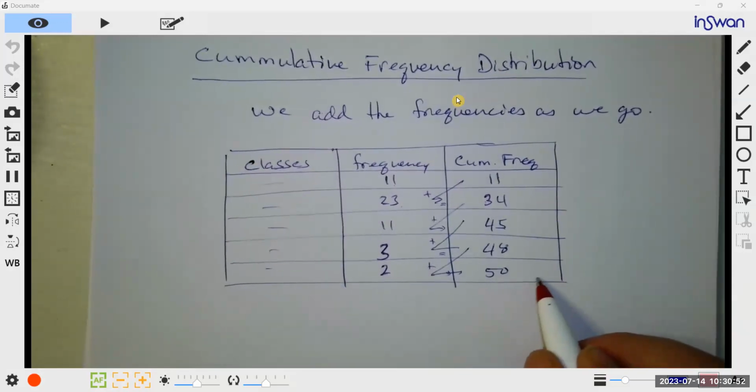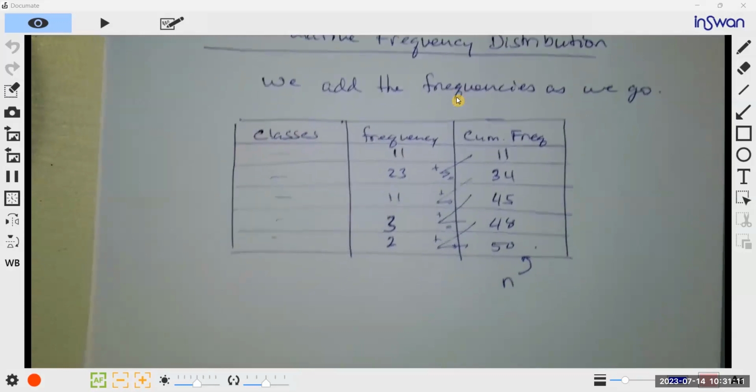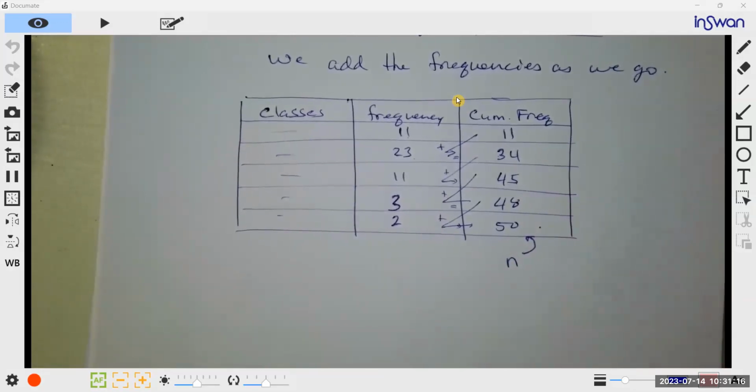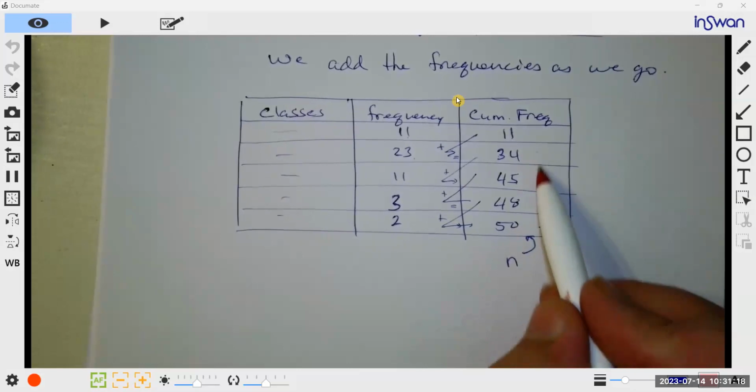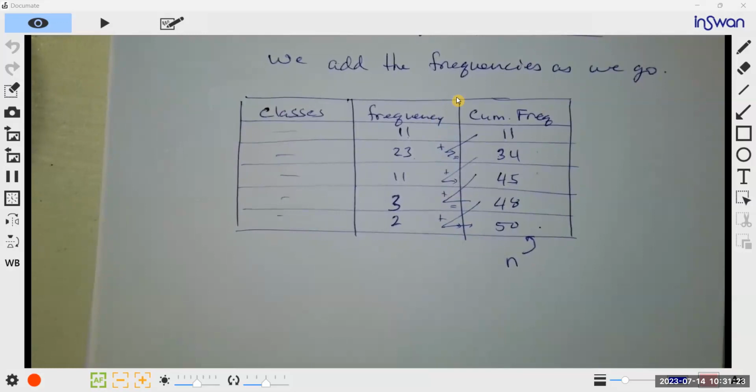Your end result should be n. All right, so again, it's just a different way of analyzing. When we do the graphs of these things, we'll see that this graph always goes up. It just shows us how much it goes up with respect to each of these classes. It's just a different way of representing the data itself.